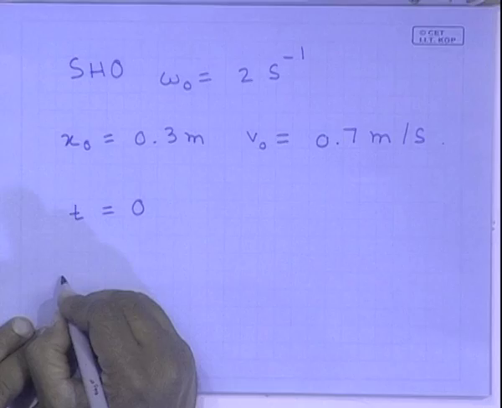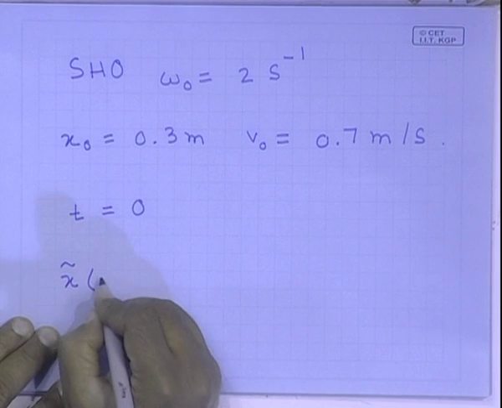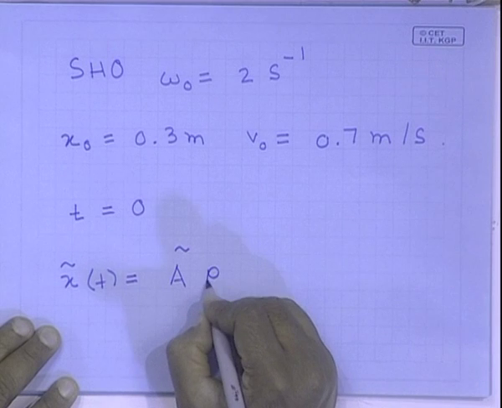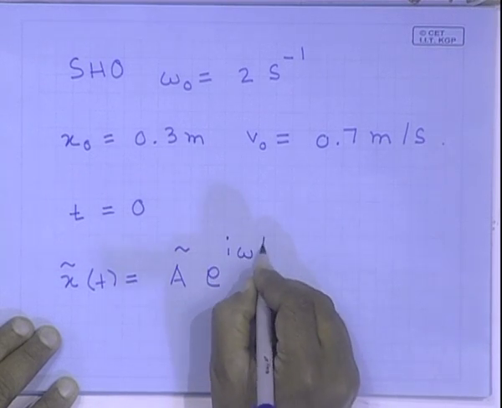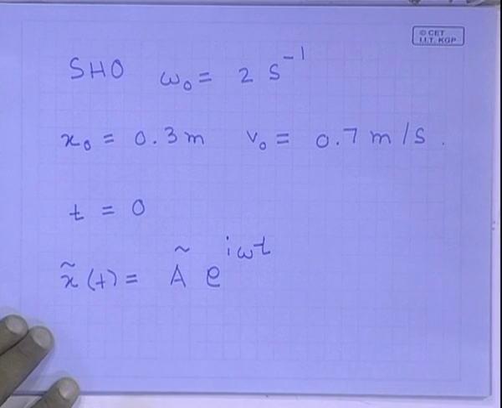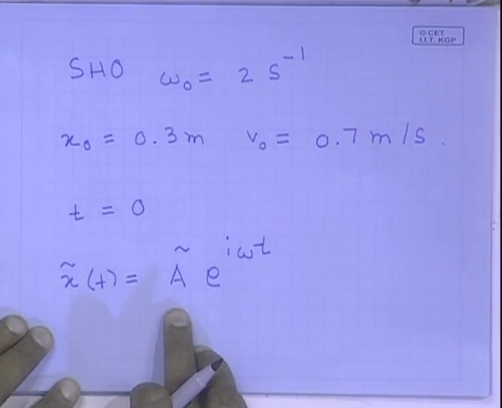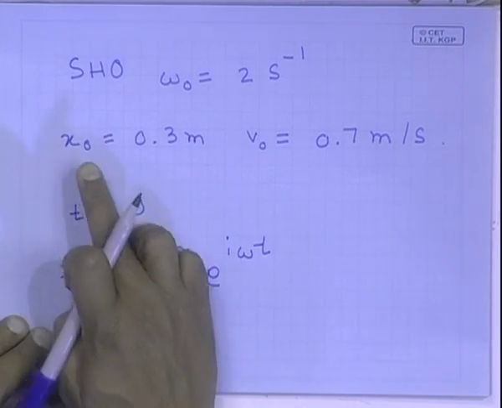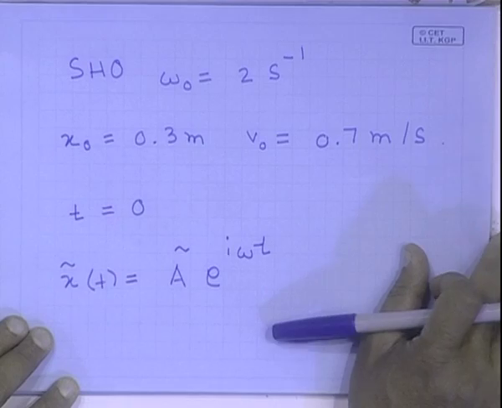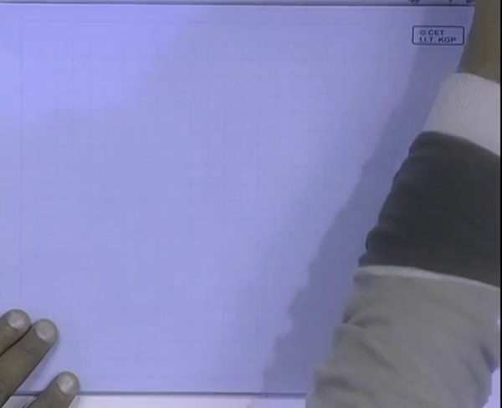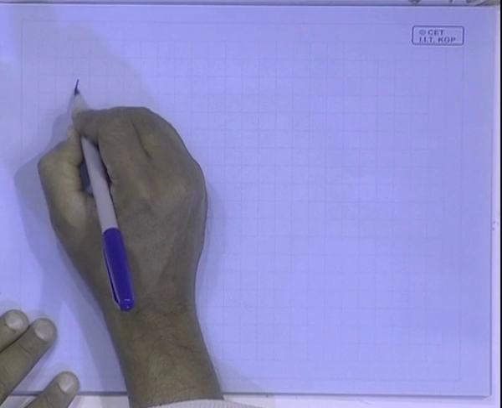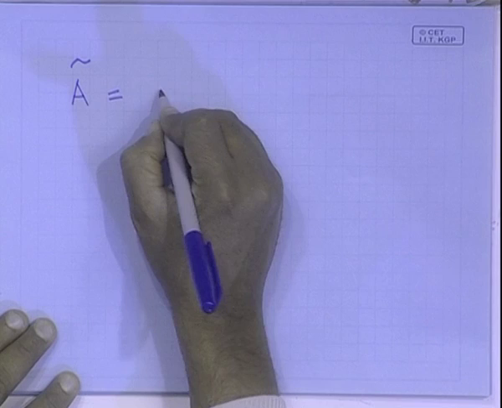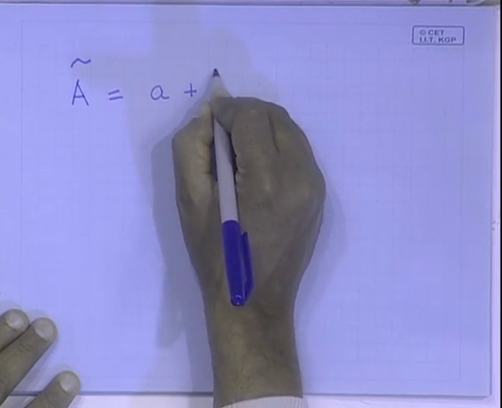Now, we represent the oscillation through this complex variable x tilde t, A tilde e to the power i omega t. The problem is that you have to determine this complex amplitude, which has all the information about the initial conditions, from these initial conditions which have been given. And you could represent the complex amplitude A tilde as A plus iB.